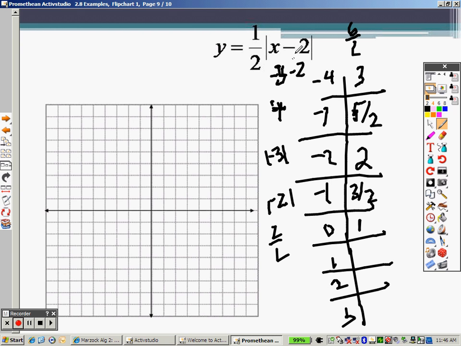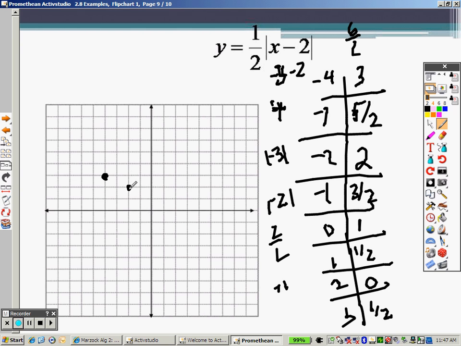When I plug in a 1, I get -1, which gives me a positive 1, so I get 1 half. When I plug in a 2, that's 0. When I plug in a 3, I get 1 half as well.